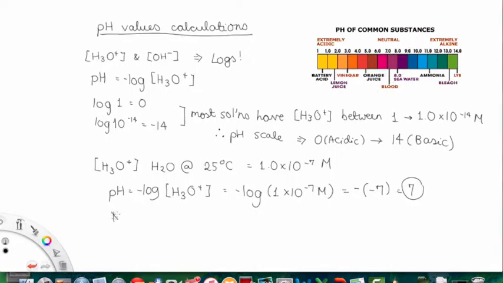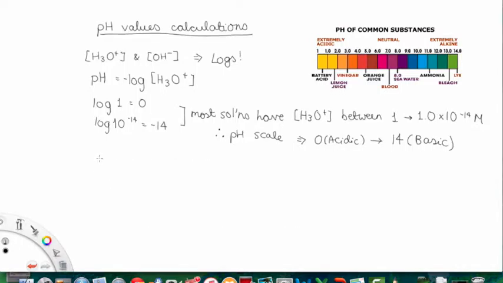And so remember, for a change in one pH unit, the concentration of the hydronium ion changes by 10 due to the logarithmic scale. So similarly, we defined pOH as the negative log of the hydroxide ion, OH minus.